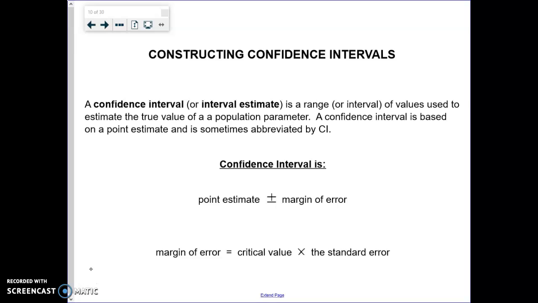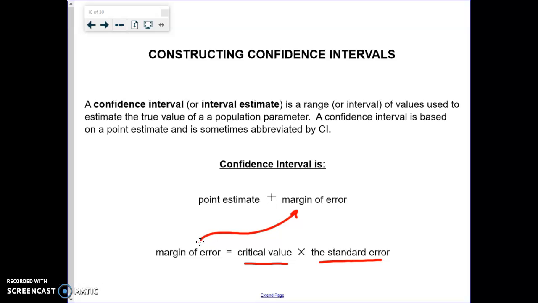And again, the margin of error is some critical value times the standard error. The standard error, again, is just the standard deviation of the sampling distribution of all sample proportions, okay? And that's the exact same, matter of fact, I just basically took this slide from our last target.